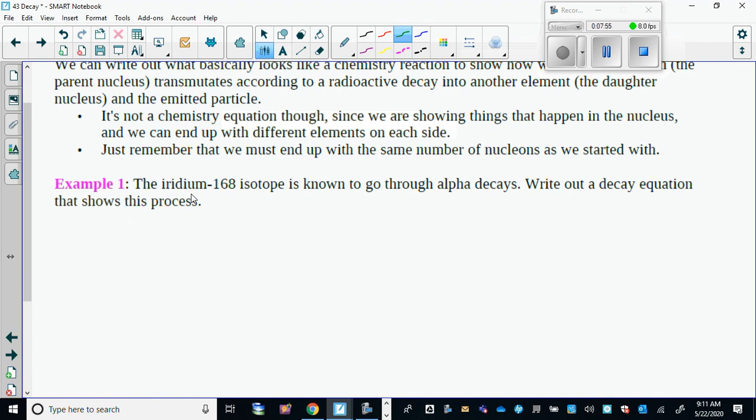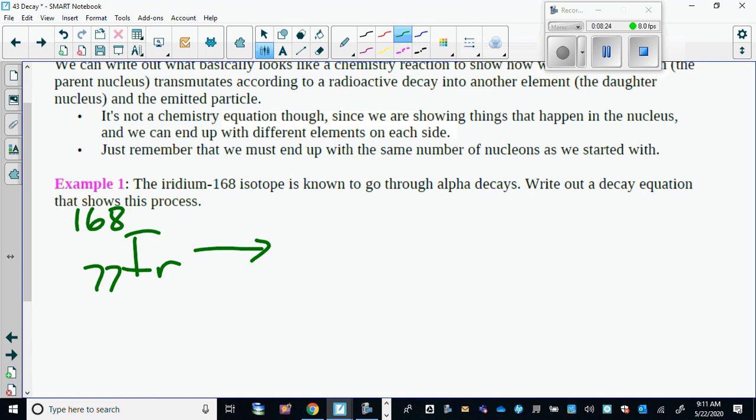So iridium, and it's 186, so it has 186 nucleons, and you would look on your periodic table and find out that iridium has an atomic number of 77. So it has 77 protons, and the rest are neutrons. And it said it goes through alpha decay.